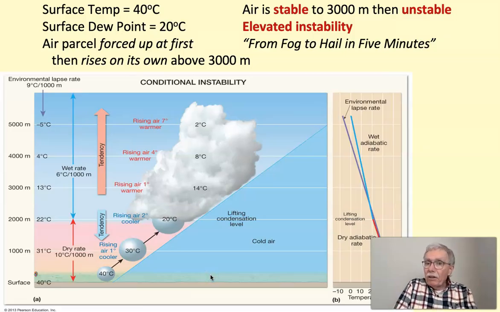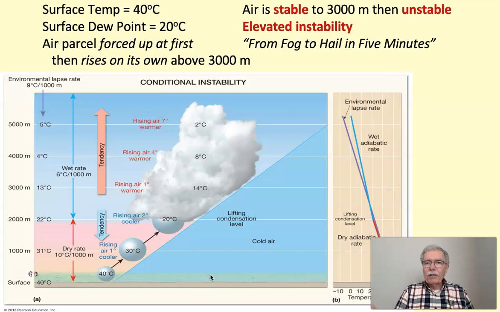We can have instability above the surface. Air near the surface is stable. And as it rises, maybe it's forced to rise, because it won't rise by itself. So it's forced to rise by a cold front, or maybe a mountain, and it reaches a certain level and the air becomes unstable.